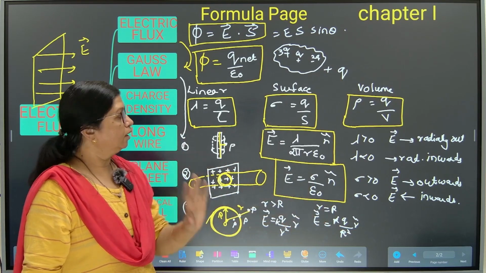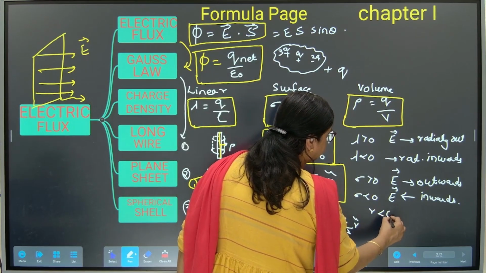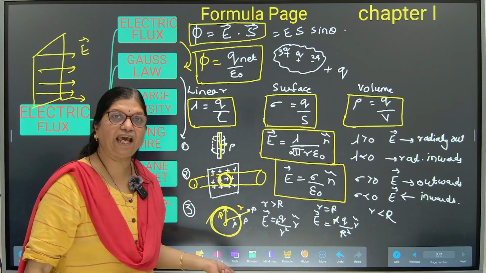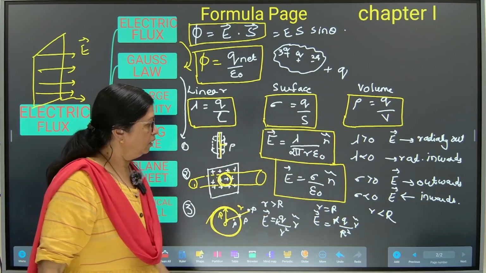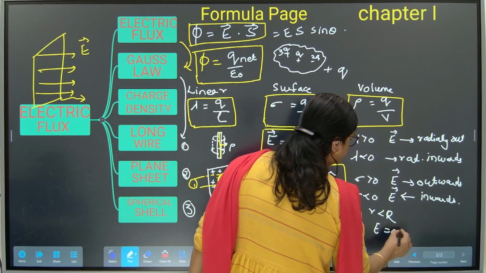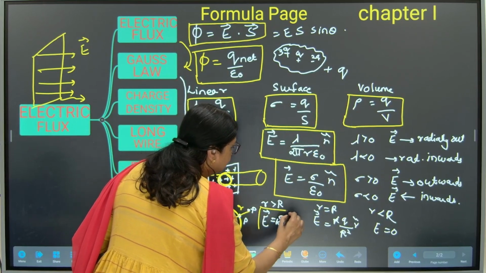Right? If r is much less than capital R, that means the point which we are considering is inside the shell, then the electric field E is equal to 0 itself. So these 3 are the electric fields at different points.